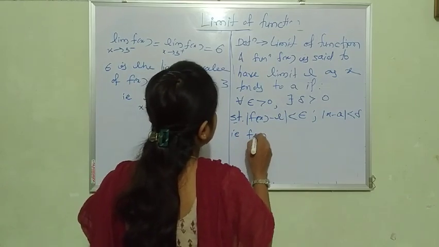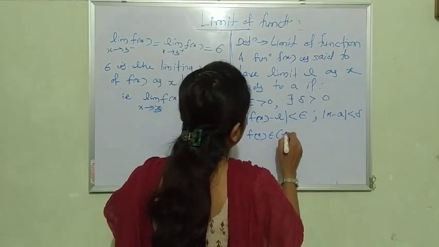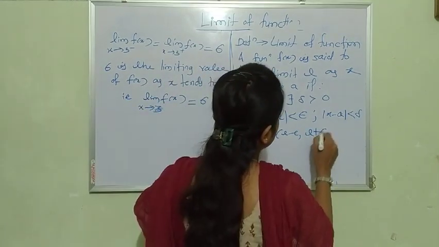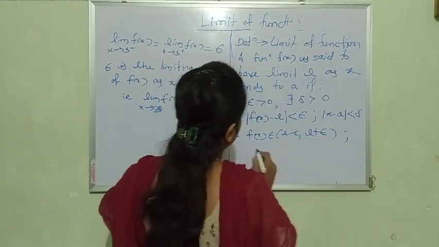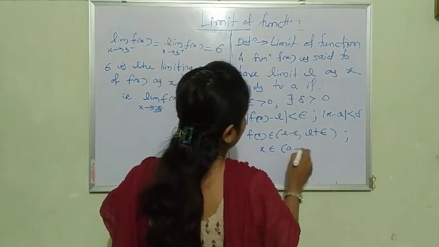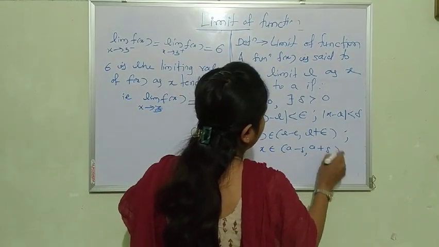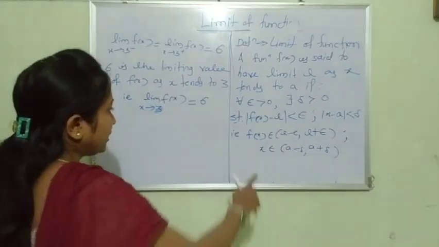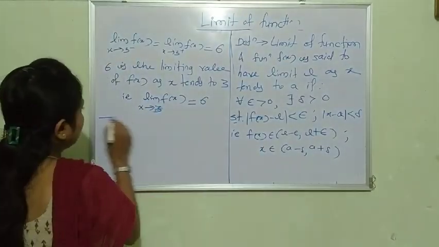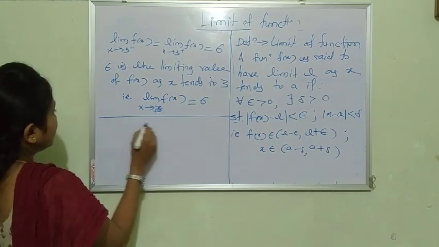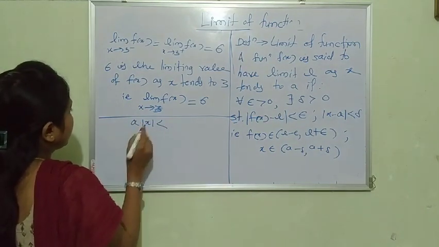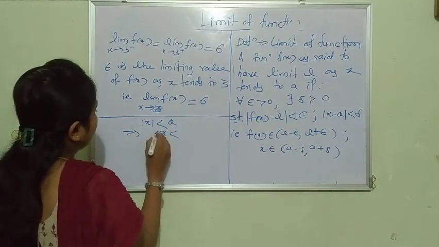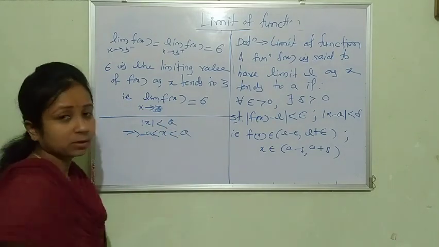that is, f of x belongs to the epsilon neighborhood of L, from L minus epsilon to L plus epsilon, whenever x belongs to the delta neighborhood of a, from a minus delta to a plus delta. See how this mod of x minus a less than delta becomes this. As we know, mod x strictly less than a means x strictly lies between minus a to plus a.